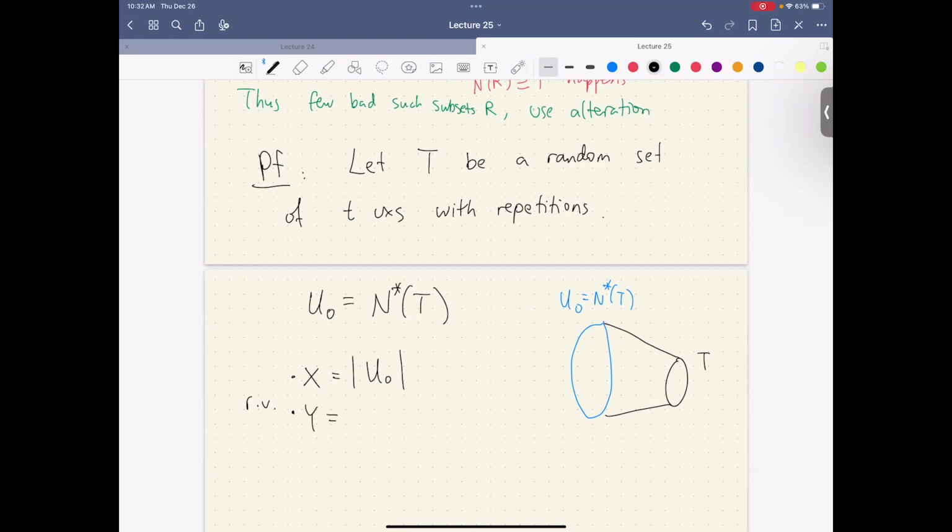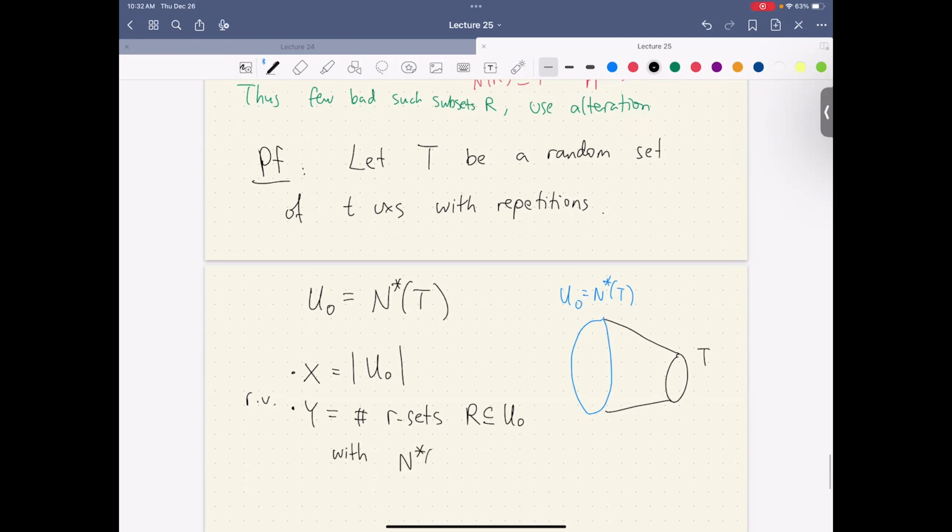And let Y count the number of bad sets, which is the number of R sets contained in U0 with a small number of common neighbors, such that their common neighborhood is less than the threshold M that we want to achieve.